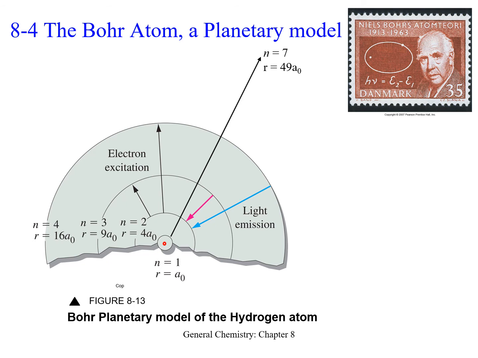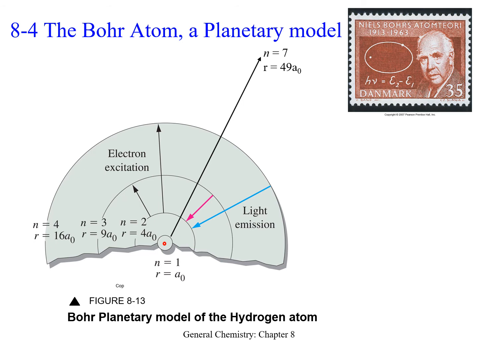So this little red dot in the middle would be your nucleus. And this is the planetary model for hydrogen. Where n equals 1, that would be that energy level right there. Energy level 2 would be quantized, at a definite distance. So we have energy level 1, energy level 2, energy level 3, and energy level 4 out at the outer extremes.